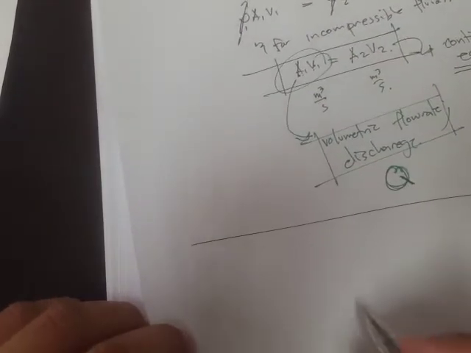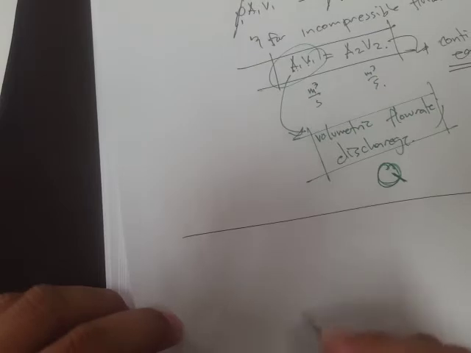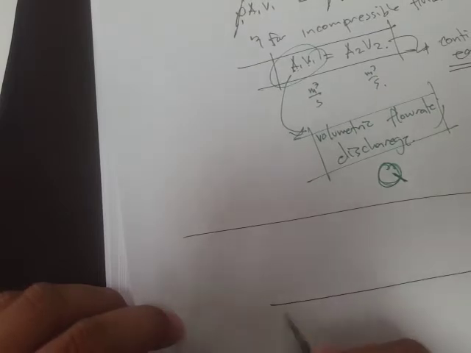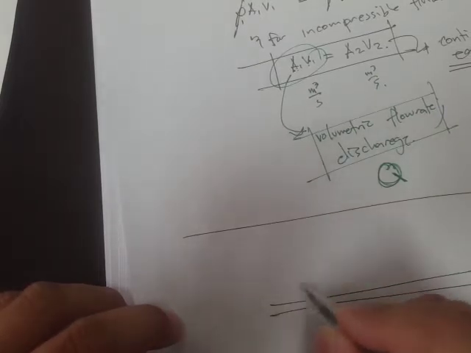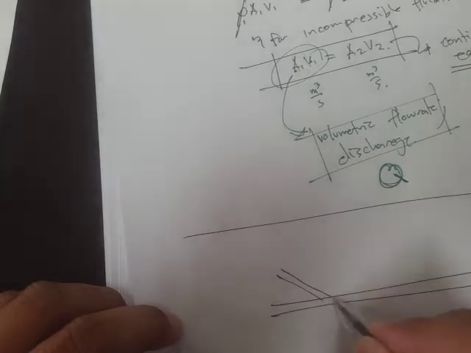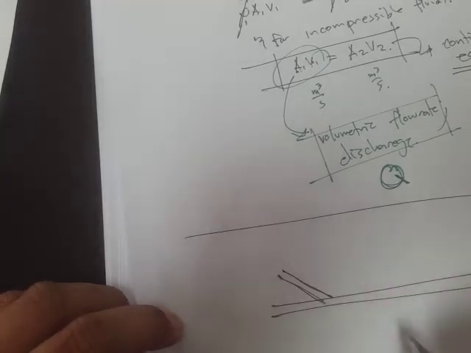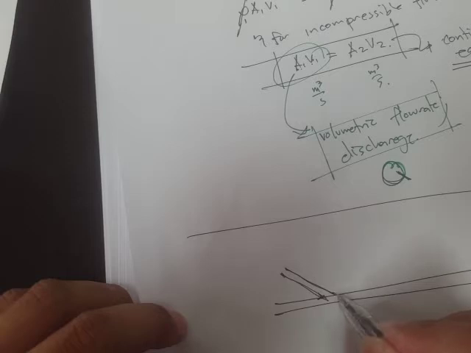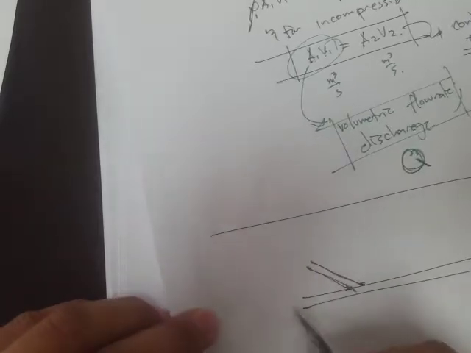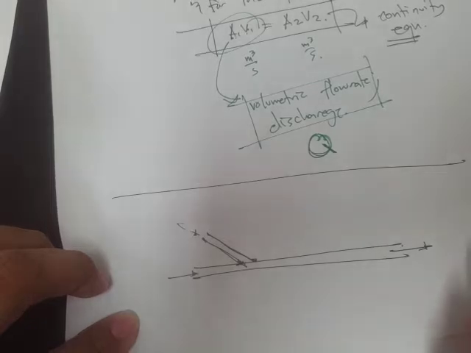Now, let's say we have a conduit right here, and another pipe or conduit that's joining this main pipe. Let's say this is our flow, this is another flow, and this will be our exit.